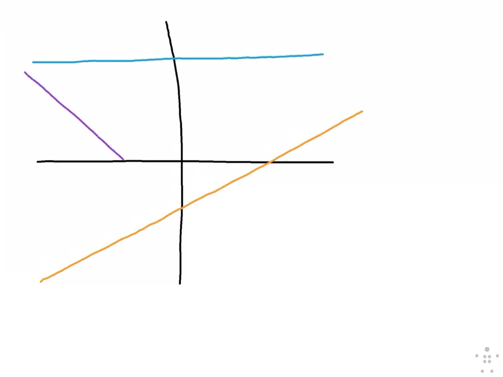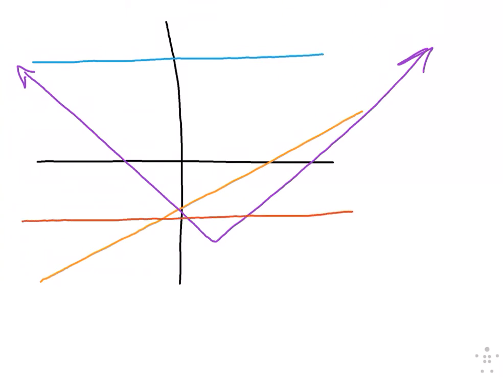What about this family? How do you know? Because it's a V and not a U. And what about this one? Constant. Okay. And the last one? Quadratic. So just by looking at it, you should be able to tell what family it belongs to, right?